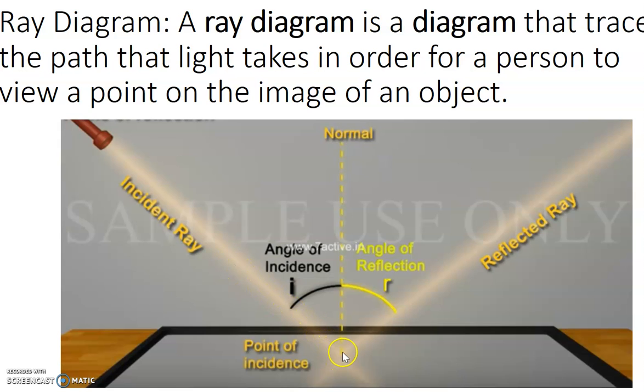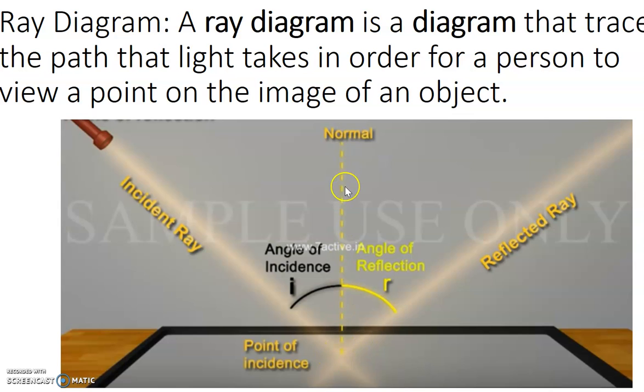And the point at which the light is hitting the glass surface is called the point of incidence. What happens when it hits the surface of the glass? A part of the light is bouncing off. That means it is reflected back. And this ray, which is bouncing off from the glass surface, is called the reflected ray.